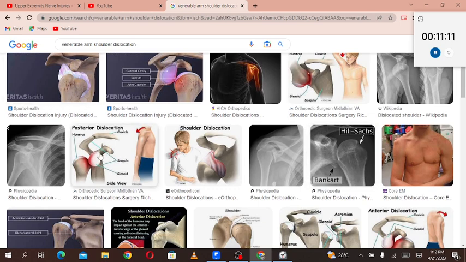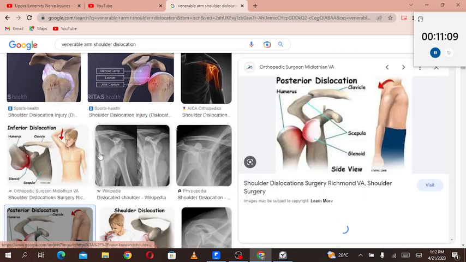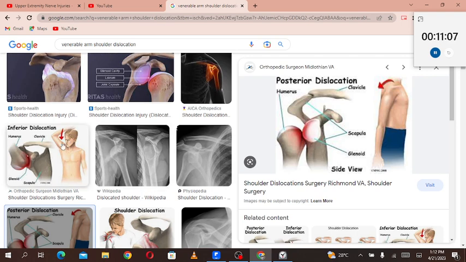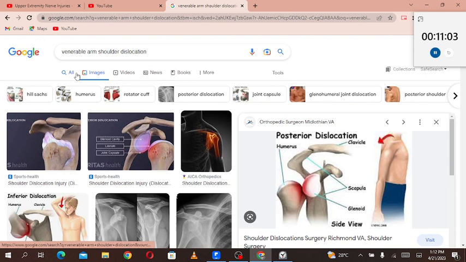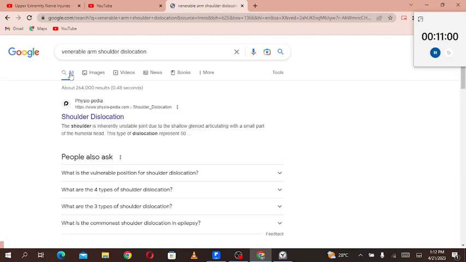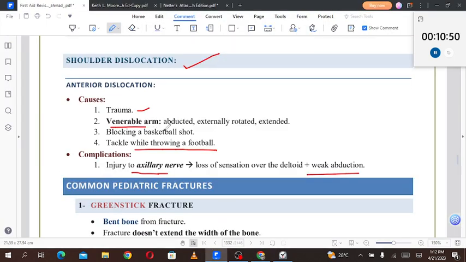I guess the vulnerable arm is when the shoulder is dislocated inferiorly and/or posteriorly maybe. So what's vulnerable arm? The shoulder is an inherently unstable joint due to the shallow glenoid articulating with a small part of the humeral head. I don't know, whatever. Maybe there are some grammatical mistakes, so forget about this.